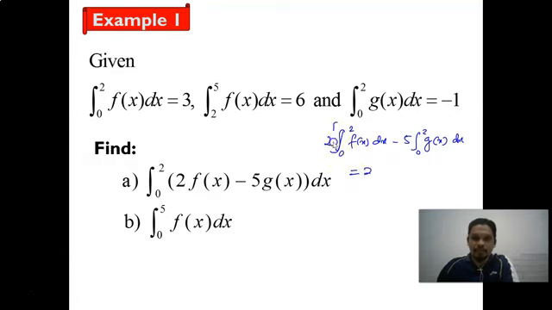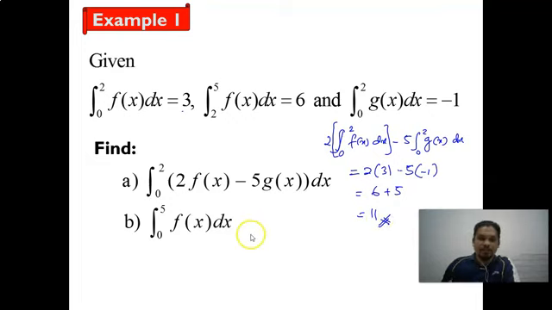This one is equal to 3, so it is 2 times 3 minus 5 times negative 1, which is equal to 6 plus 5, which is equal to 11.